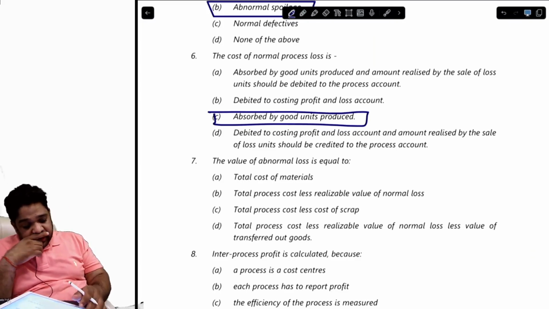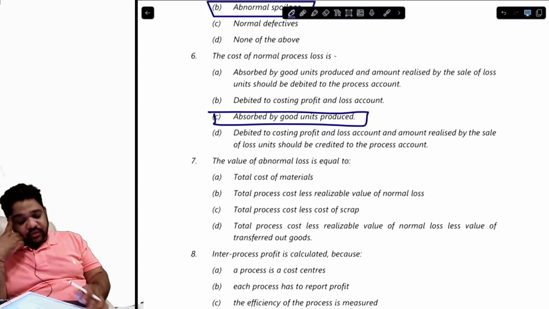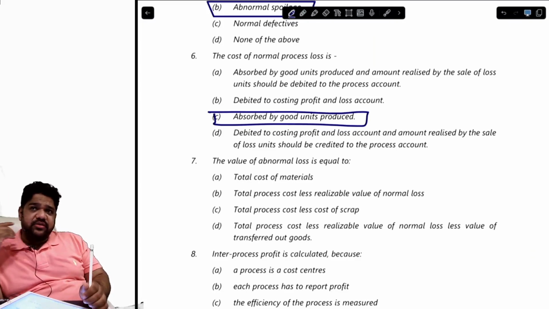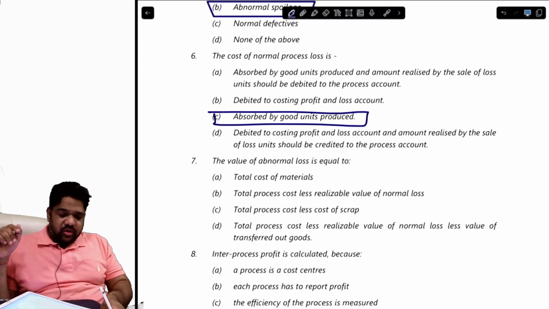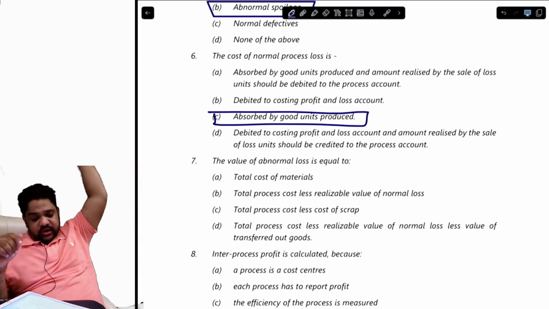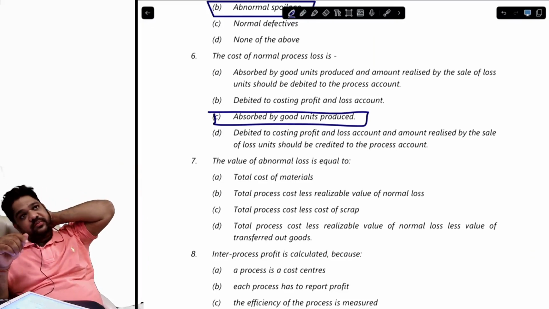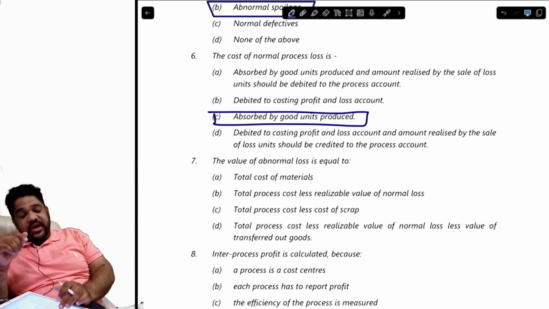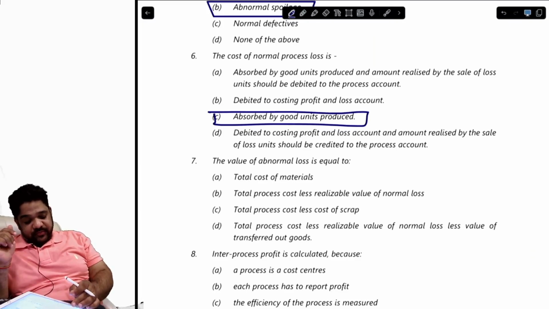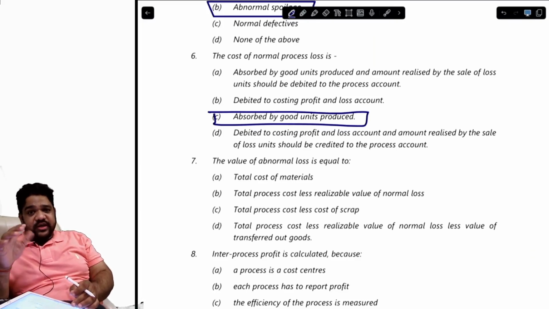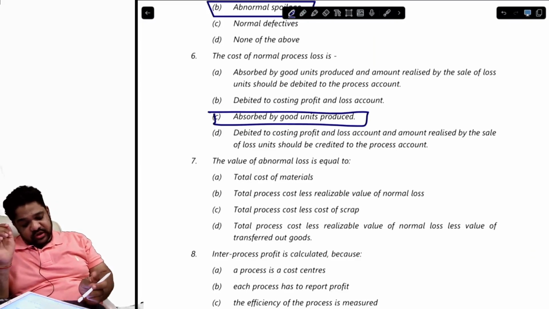Then the value of abnormal loss is equal to cost of materials. No, it can't be the total cost. The total process cost less realizable value of normal loss, this is your expected cost per unit. This is not the value of abnormal loss.